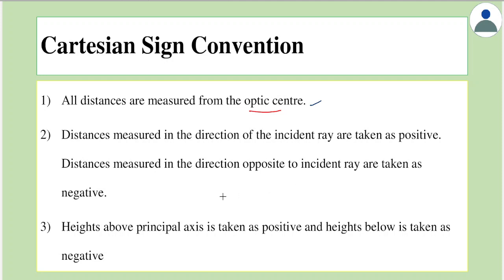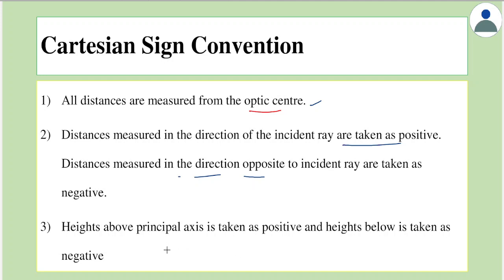The second point is distances measured in the direction of incident ray are taken as positive, and distances measured in the direction opposite to that of incident ray is taken as negative. Now these are the same points as what we have learned in case of spherical mirrors or spherical refracting surfaces.